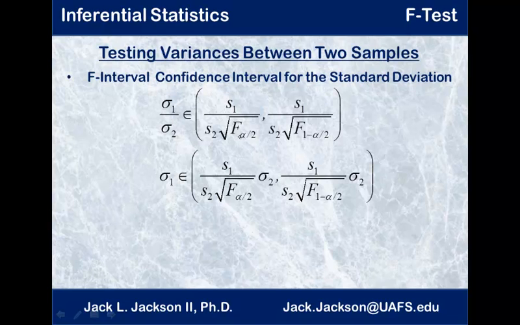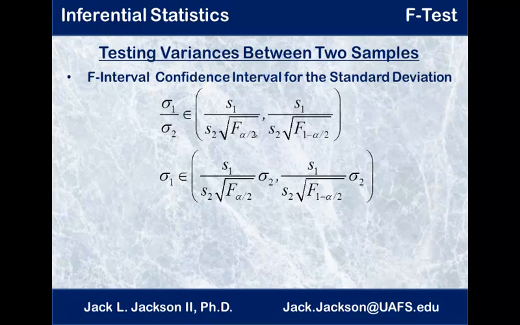Now remember, alpha over 2 is the area to the right, and so this F sub alpha over 2 really is an inverse F where the cumulative probability is 1 minus alpha over 2. And just like we saw in the chi-square distribution, this is kind of backwards, because you're dividing by it here.